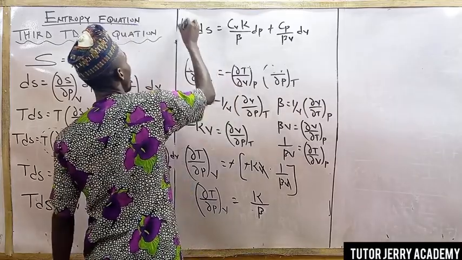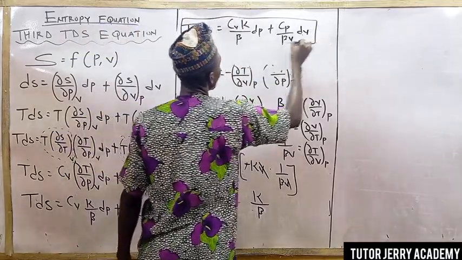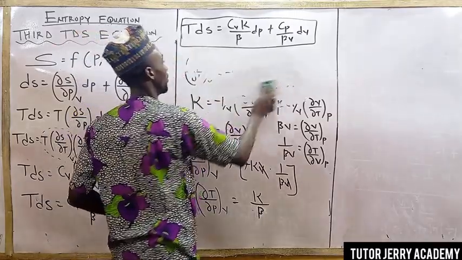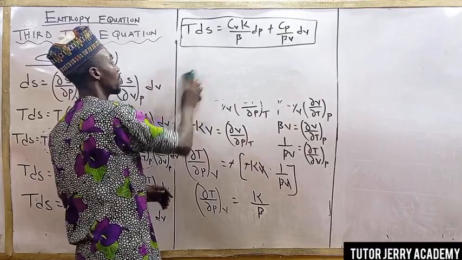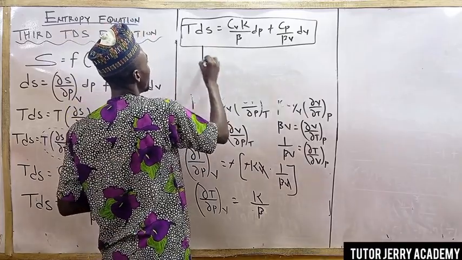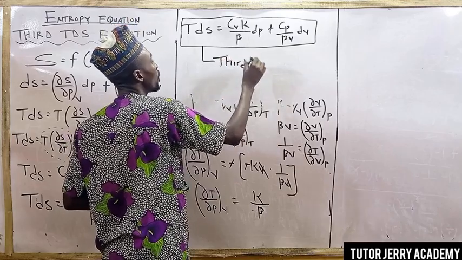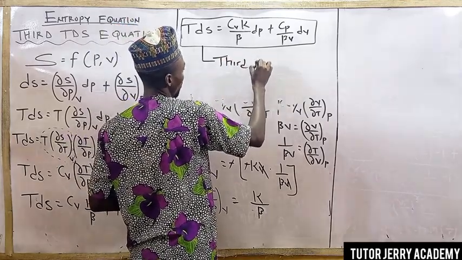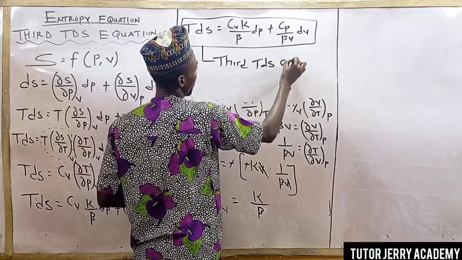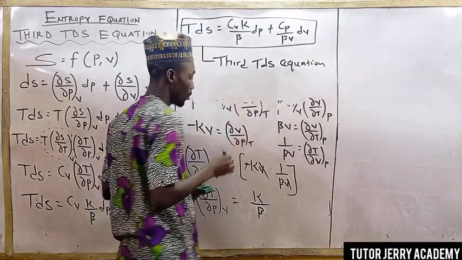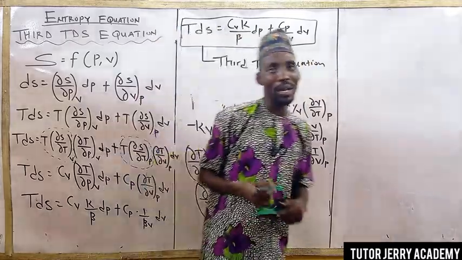All right, so this is our third TdS equation. So in case you are asked to derive any of the TdS equations, I believe we have done justice to that for us. And if you are asked to apply them, we've also done justice to that.